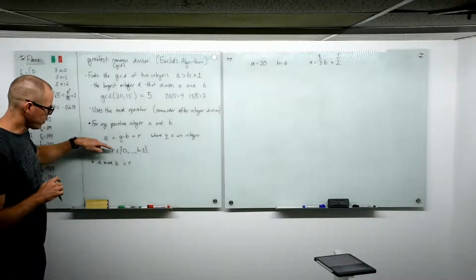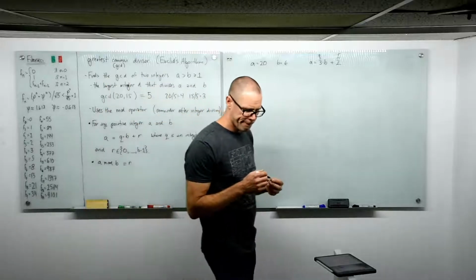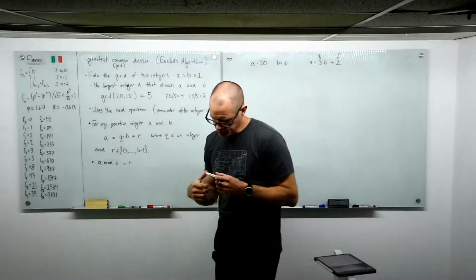And so of course A mod B then is from this set 0 through B minus 1. All right.